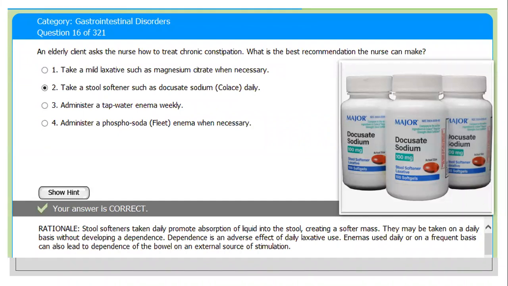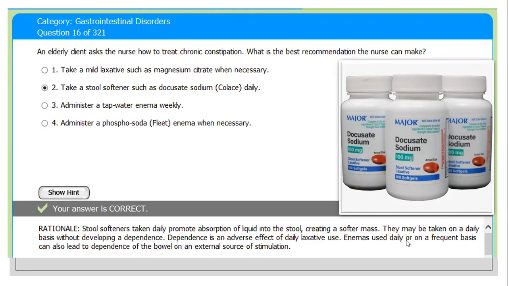So the rationale for choosing docusate: a stool softener taken daily promotes absorption of liquid into the stool, creating a softer mass. It may be taken on a daily basis without developing a dependency. Dependency is an adverse effect of daily laxative use, so we do not use magnesium citrate.